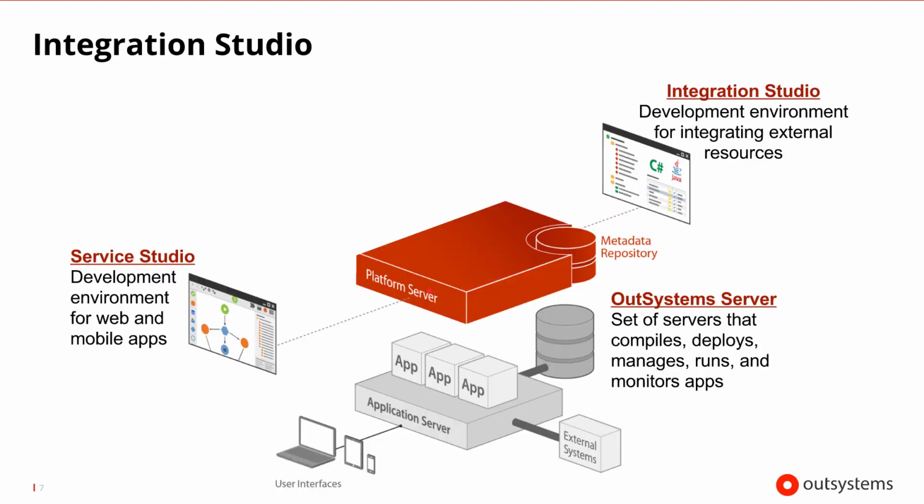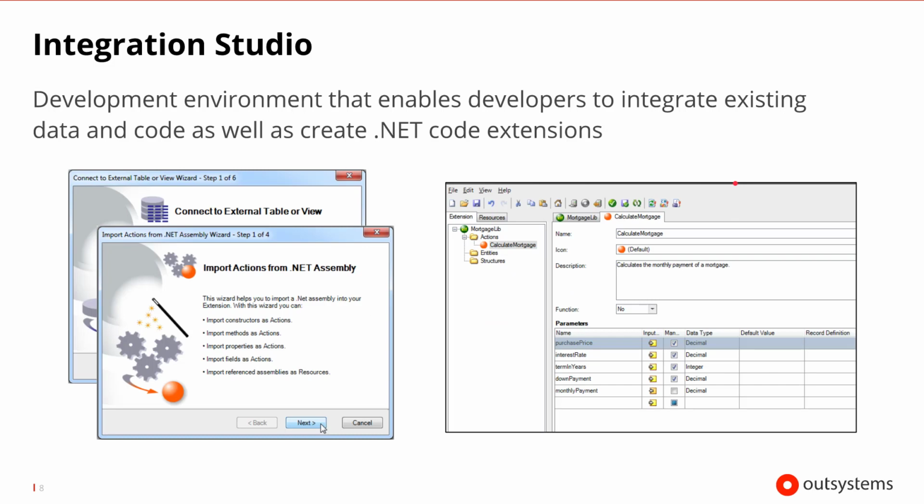Besides Service Studio, where we build our web and mobile apps, we also have Integration Studio, which is the development environment for integrating external resources into the OutSystems platform. Integration Studio provides a number of wizards and capabilities to bring in external resources, from things like external tables or views, to importing .NET assemblies and turning them into actions inside of OutSystems.